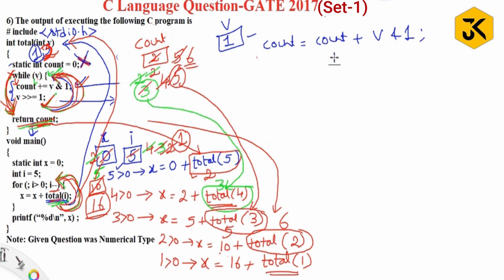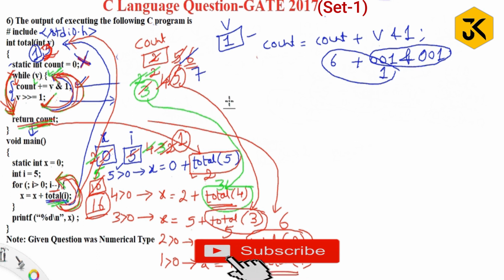What is the count value? The count value is 6 plus the V value, which is 1. The binary representation of 1 is 001 and the binary representation of 1 is 001. When 001 AND 001, you will get 001, that is 1. So total 6 plus 1, 7. 7 will be updated in the count variable. Yes, updated.